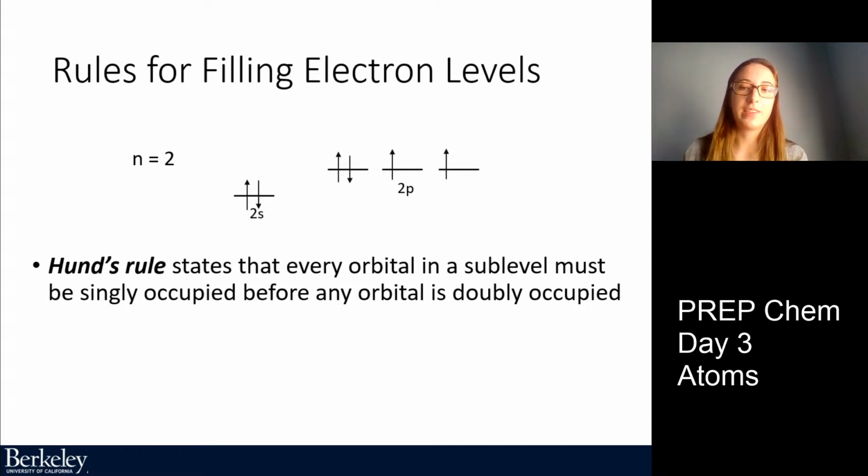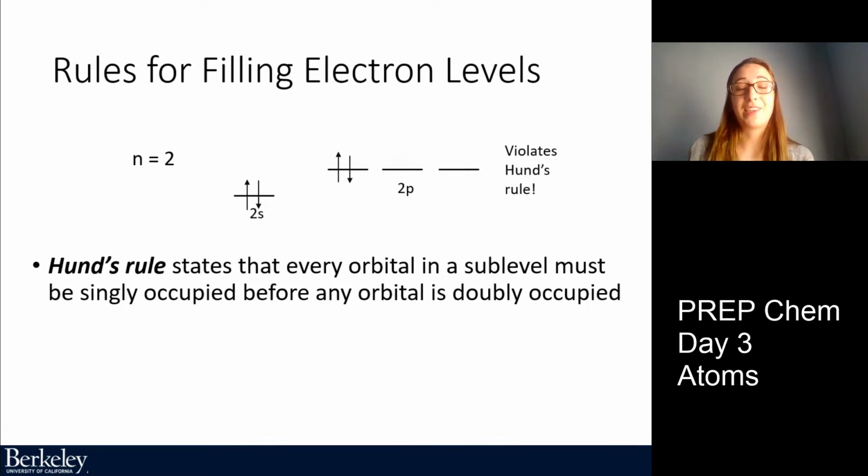We do this because that is the lowest energy situation. For example, in this example here, if we just consider the 2p orbital, in the first p orbital we have 2 paired electrons, and in the second and third we have 2 unpaired electrons. So by Hund's rule, this is okay.